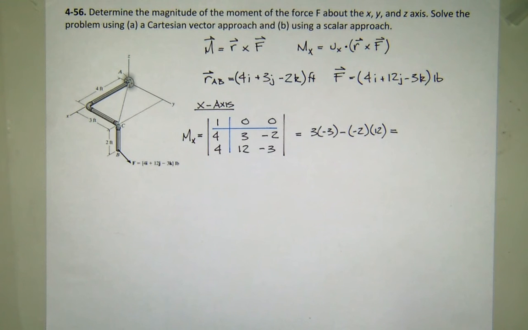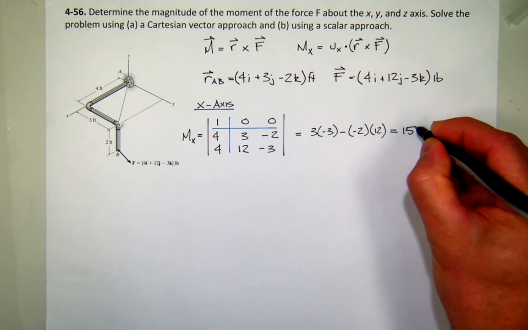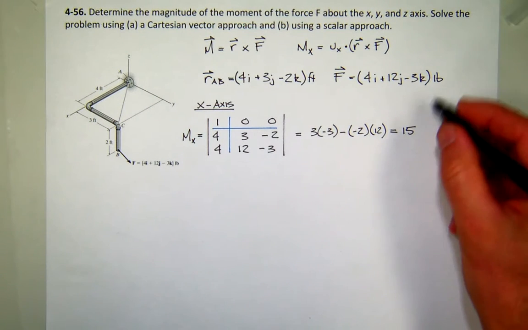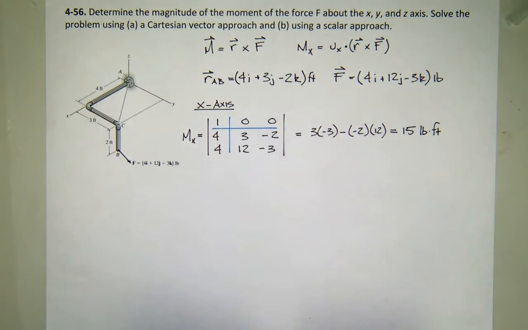What is that? 24 minus 9? 15? Now the units were pounds feet. Did I do that right? You guys like that?